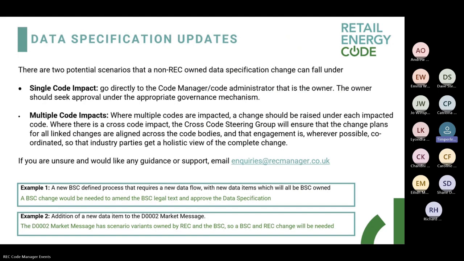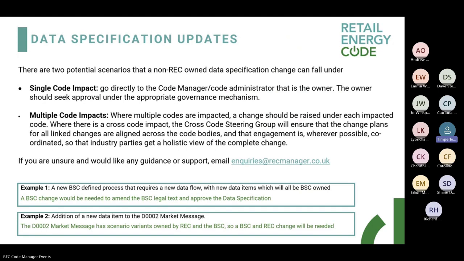They would take forward a change under their code defined change process, and then they would send us details of that change once it's been approved, and we would put it in a pre-release, notify our contacts through the REC Data Specification distribution list. The owner code will also be issuing their own communications, and we'll coordinate to make sure those communications are issued at the same time, with consistent messaging, that sort of thing.